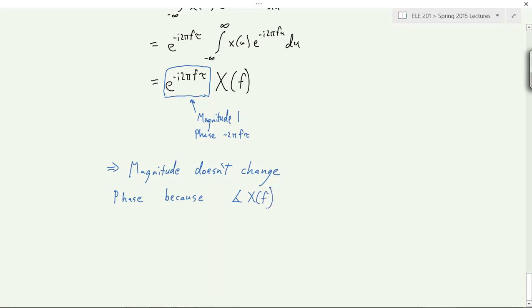plus the shift. Remember, the phase is a function of frequency. The phase differs as you move along frequency. But the phase of your Fourier transform actually ends up with a linear shift. Think of negative 2 pi tau as a constant, since tau is just some constant that you shifted things by in time. This is a linear function of frequency.